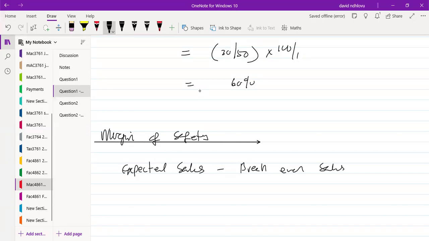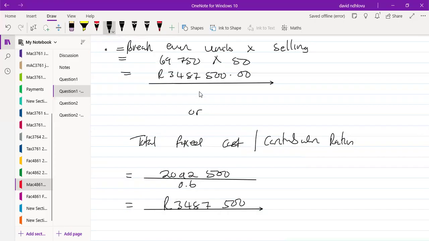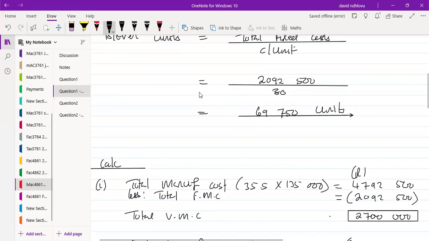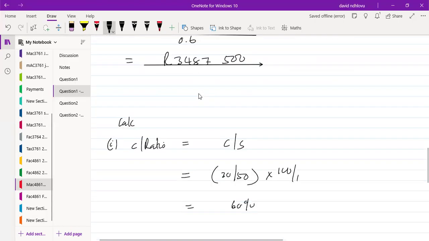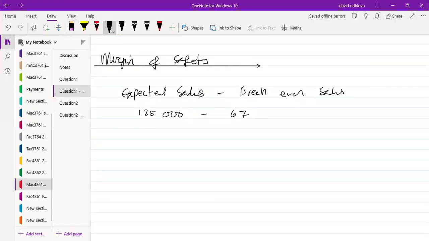The expected sales in total for this were 135,000 units, and the break-even we said was 69,750. So you subtract that from the expected sales.